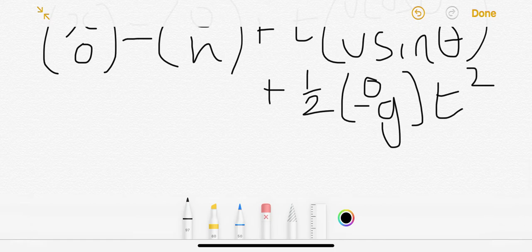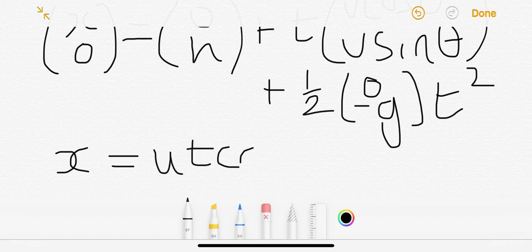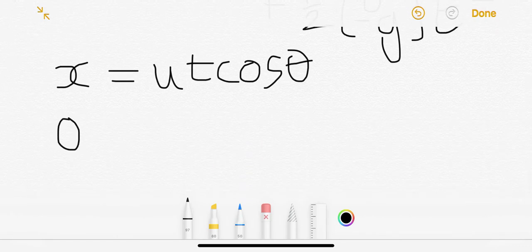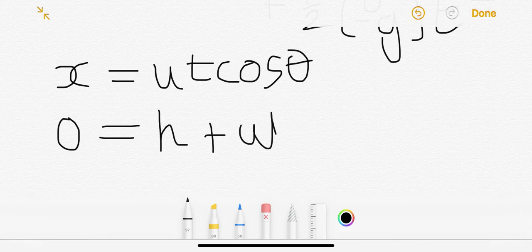Well, each line of this, because the horizontal and vertical components are independent, gives us an equation in t. So if we take the horizontal components, you have therefore got x equals ut cos theta, and you also have 0 equals h plus ut sine theta minus g over 2 t squared.